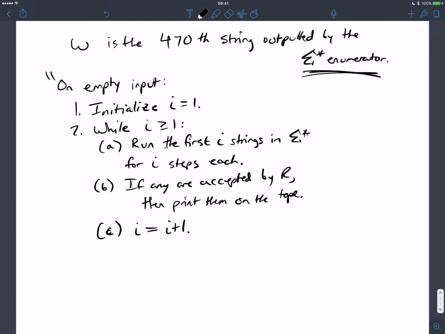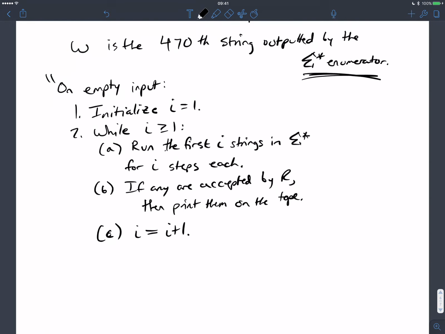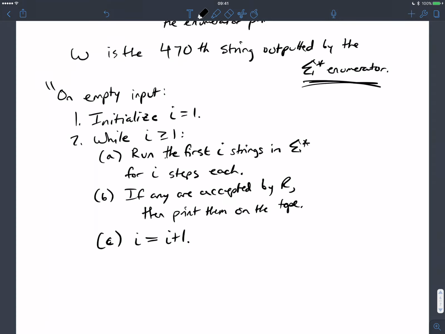Eventually, whenever I hit I factorial, I'll run it for I factorial steps, and it'll be accepted. So for all strings in the language of the recognizer, I will print them eventually, because I will reach each string in a finite amount of time. And at some point, if it's accepted, then I'll eventually have my I variable large enough for it to be accepted.